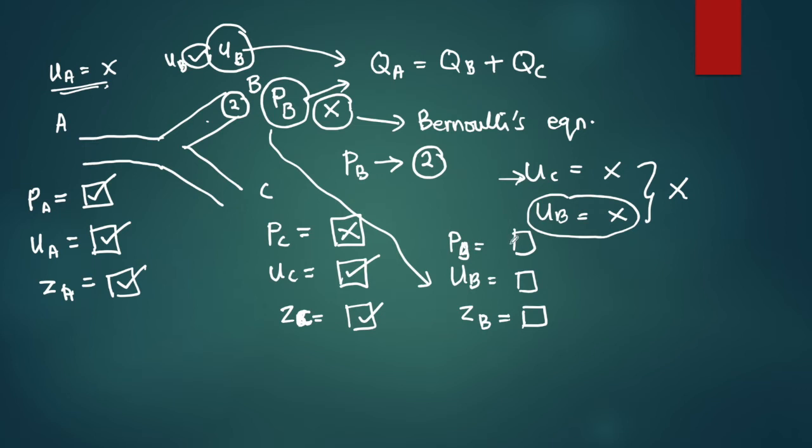So let's take a look at point B. What about PB? PB is what we are going to find, so it remains unknown. What about UB? Maybe UB is given in the question, maybe not. If not given, one of this point or point number 1 must have the value for velocity. If not, the Bernoulli's equation cannot be solved because there are too many unknowns.